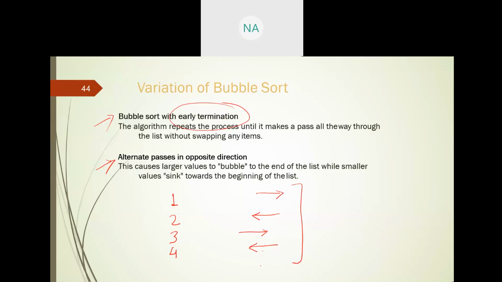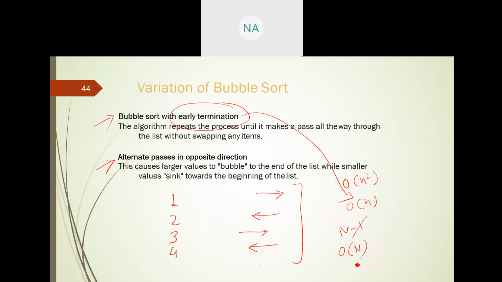The order of complexity remains order of n square in the average case and the worst case, because in the best case it will reduce to order of n if you are using early termination. If the array is already sorted, only one pass will be required, and in the first pass there will be only n minus 1 comparisons, so neglecting the constant, the complexity will be order of n.